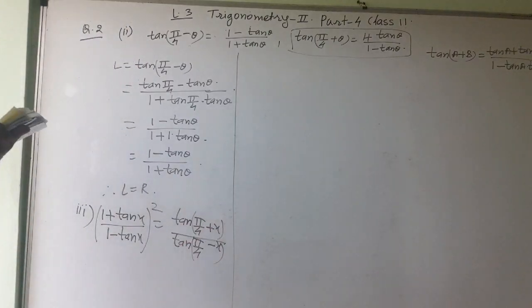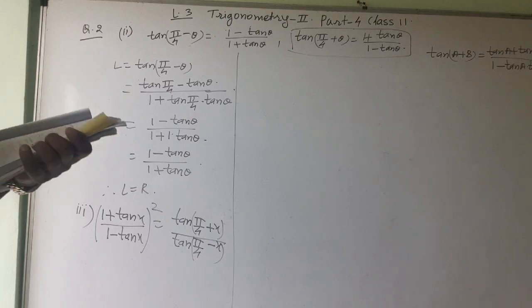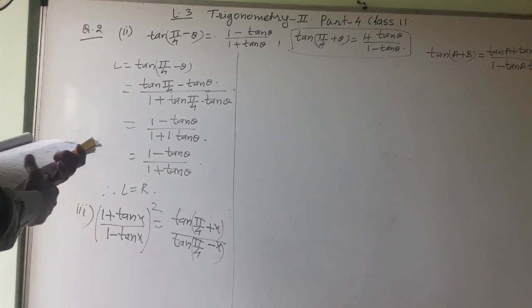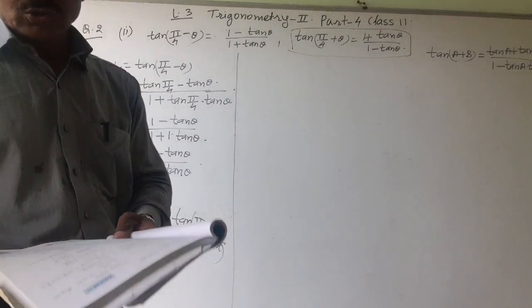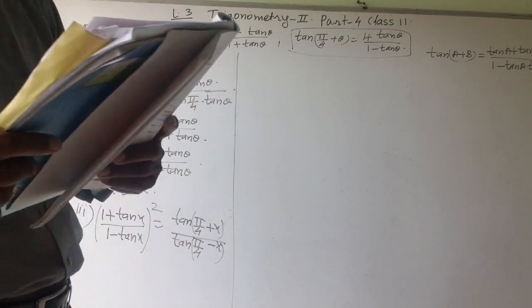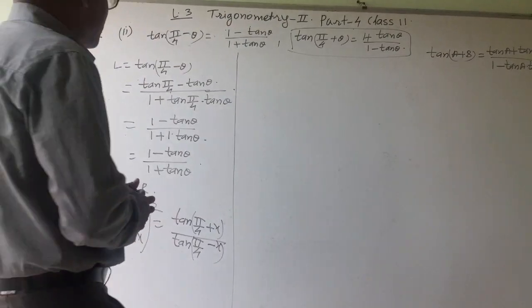This we have to prove. So definitely we will take any one side. From this side I can't go, from this side I can go. So I will take the second side, that is the RHS.